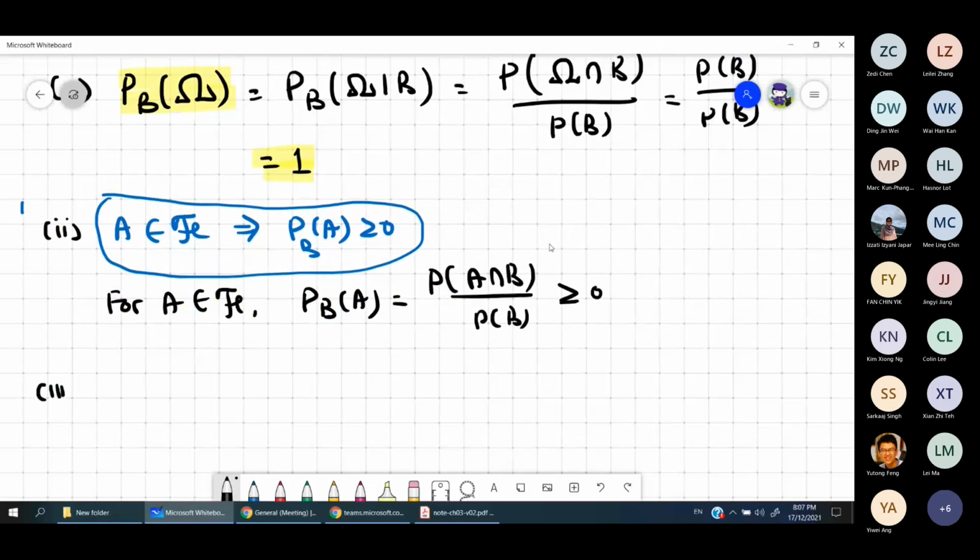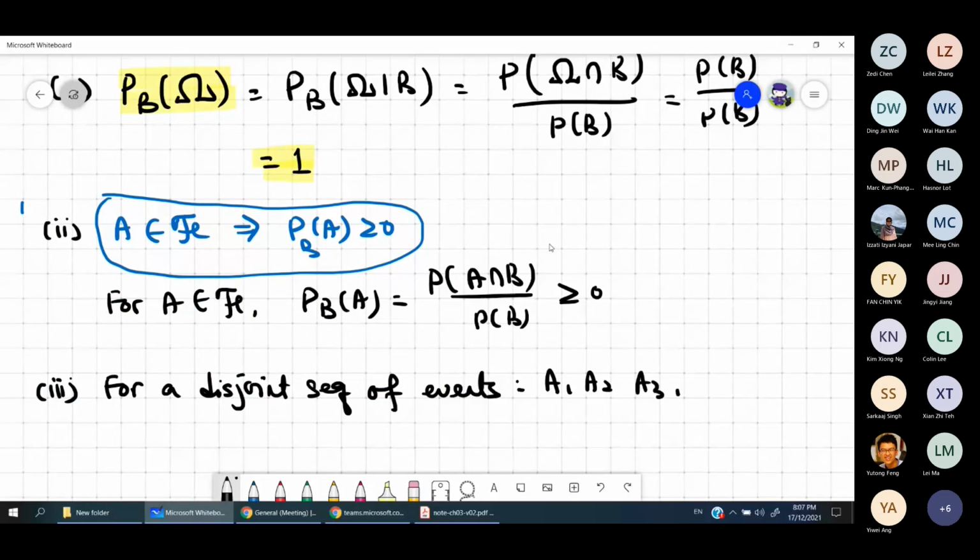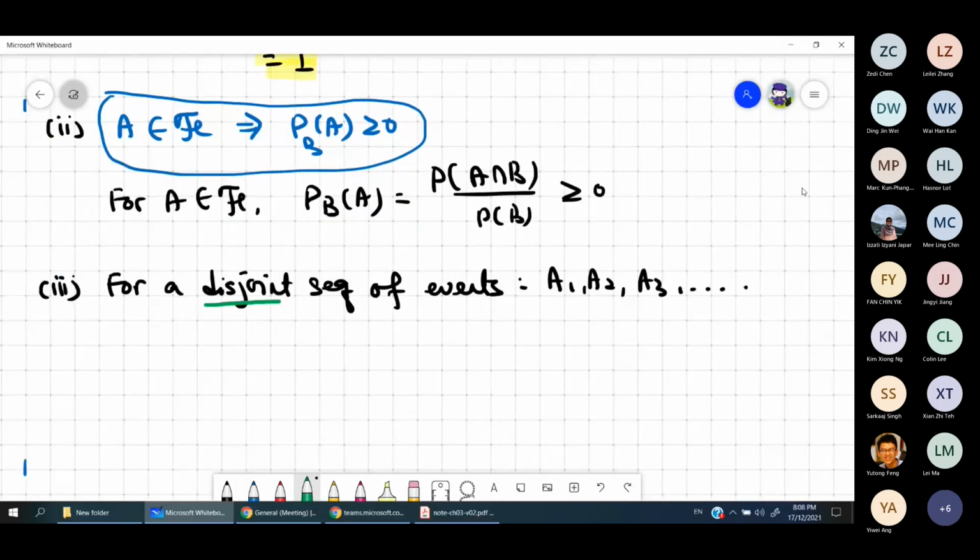So we look at the third one. We consider a disjoint sequence of events A1, A2, A3, and so on. Okay, so they have to be disjoint events. Then we carry on the calculation.